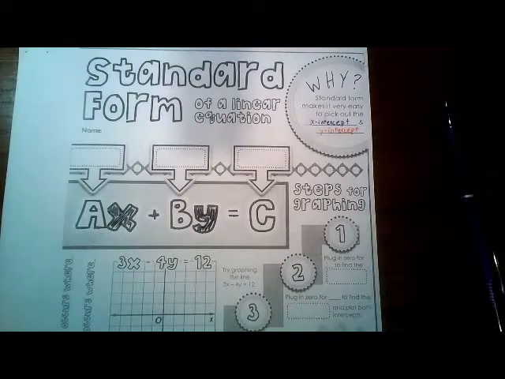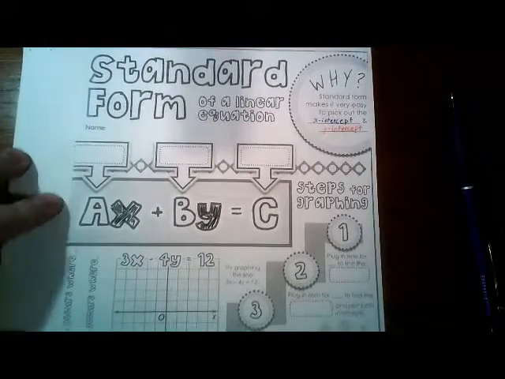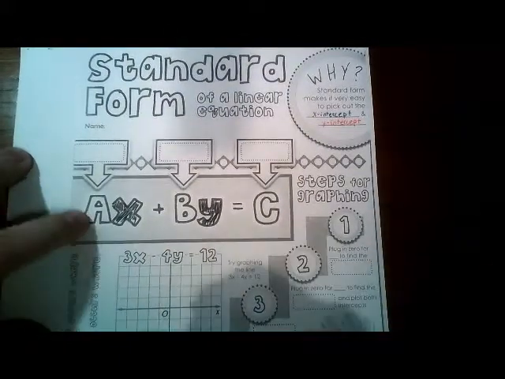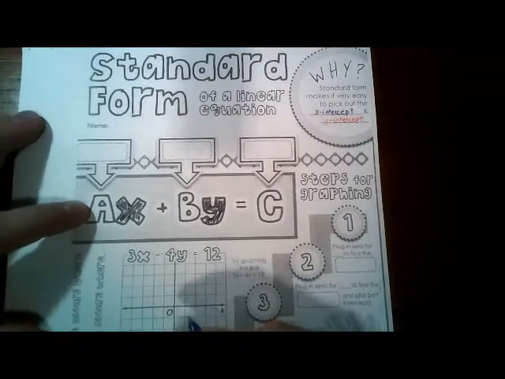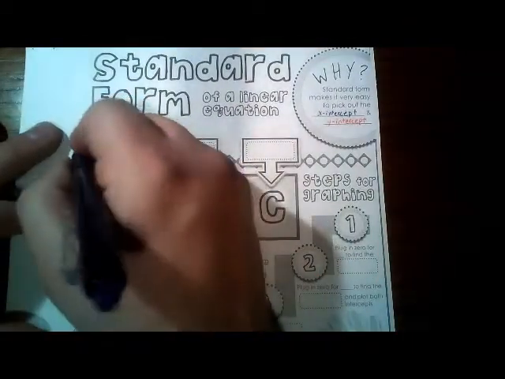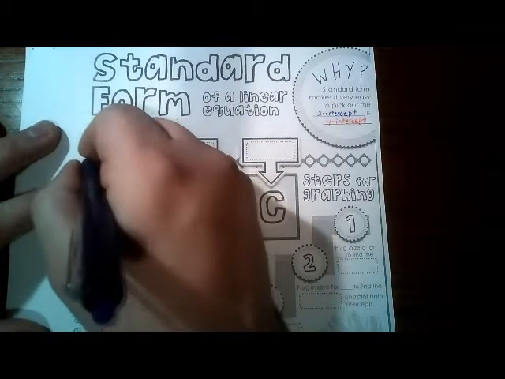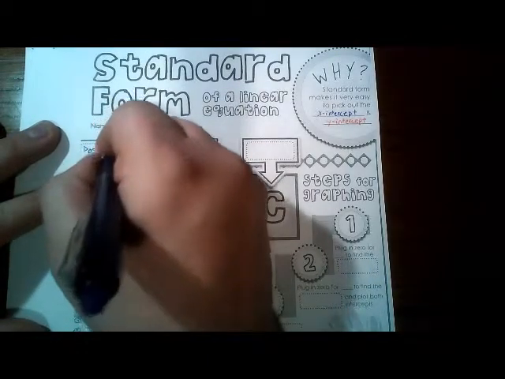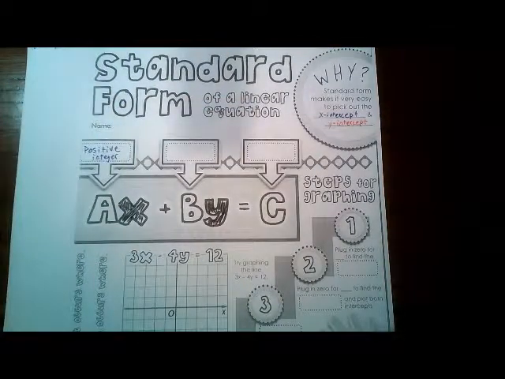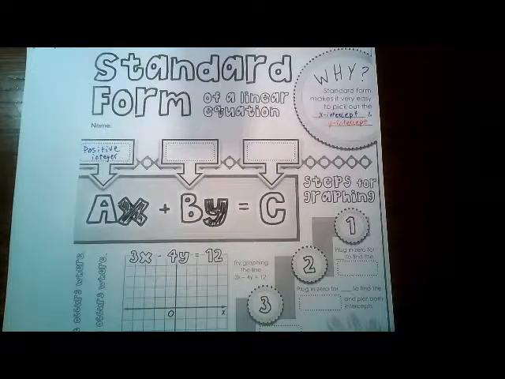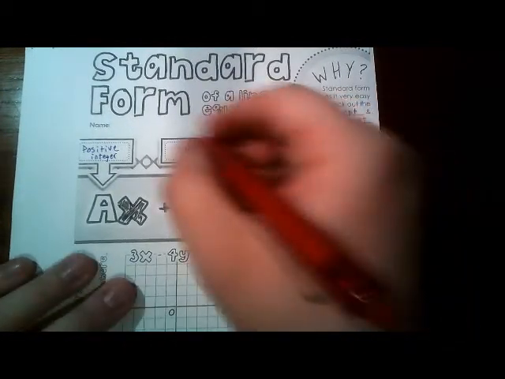But in general, the x-intercept, or this A, the value that's with x, is going to be a positive integer. What that means is there's no fractions, there's no decimals, it's just a number, and it's positive. B, which is the number that's on y, is going to be just an integer.